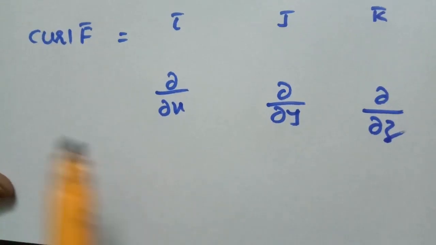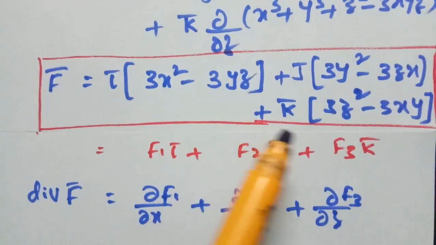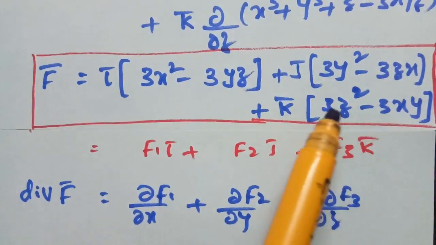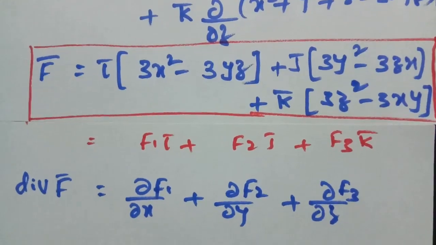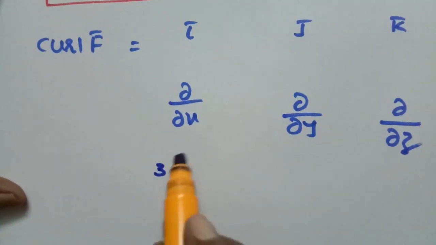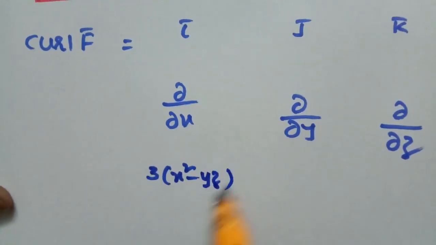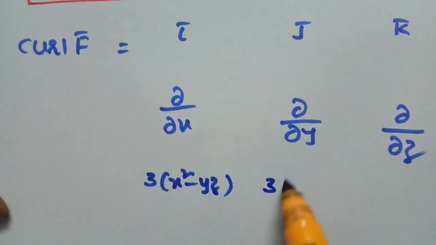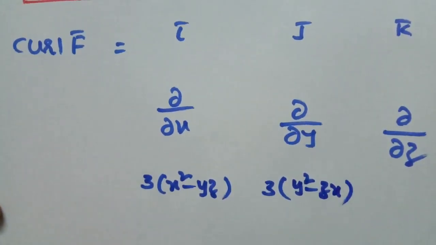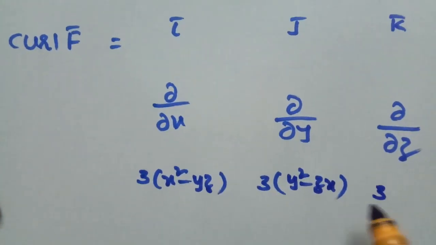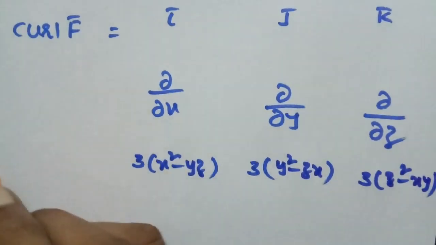What is F1? Here F1 is 3 into (x square minus yz), F2 is 3 into (y square minus zx), F3 is 3 into (z square minus xy).